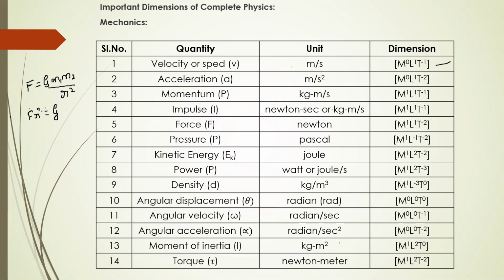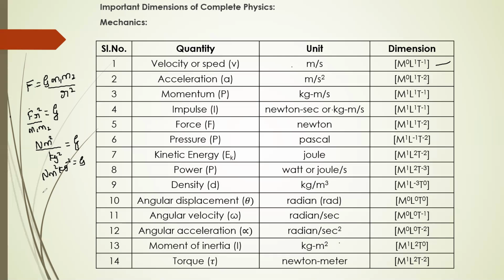We can write it as F r square divided by m1 into m2. First I'll write the unit. The unit of force is Newton, and the unit of r square is meter square divided by kg square. It can be written as Newton meter square per kg square, the unit of G, that is the gravitational constant.